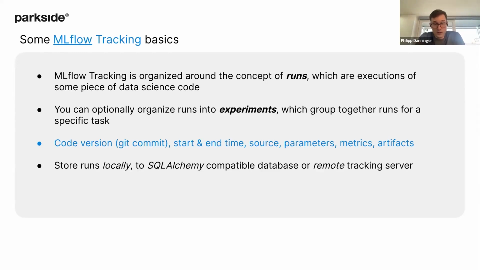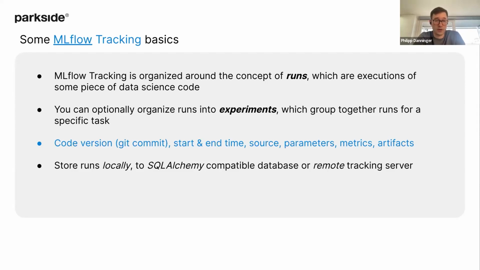Where do you store then all of these trackings? Well, MLflow allows for a lot of different possibilities. You could either store it locally, so MLflow would create local folders in your repository, let's say, or in your directory where it then stores all of these runs. You could use SQLAlchemy compatible databases.